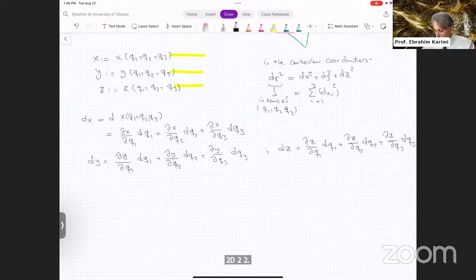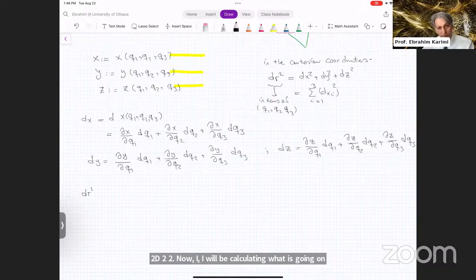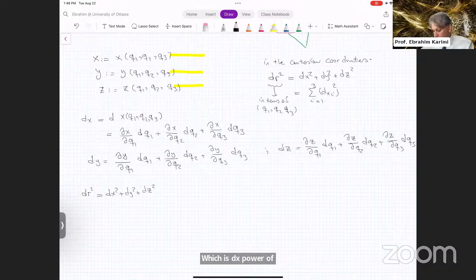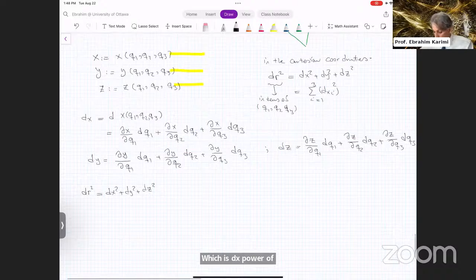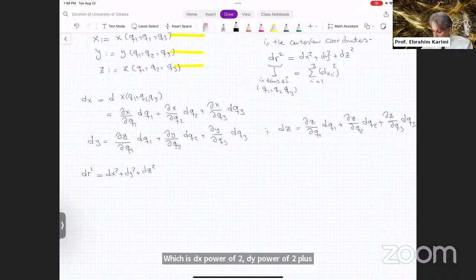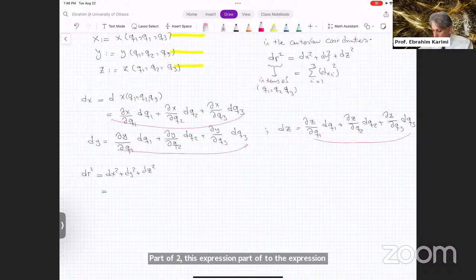Now I will be calculating what is going on with the increment of the length, which is dx to the power of 2, plus dy to the power of 2, plus dz to the power of 2. I have to take the power of all of them. So I will get this expression to the power of 2, this expression to the power of 2, and the other expression to the power of 2. So let's do that.